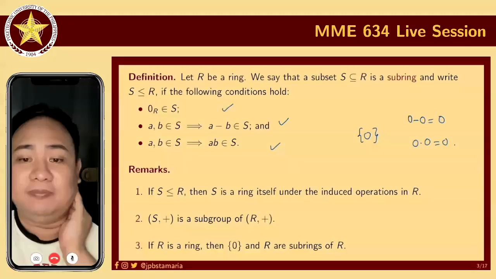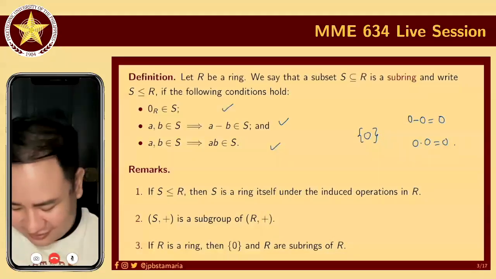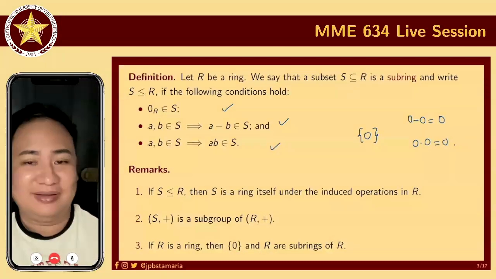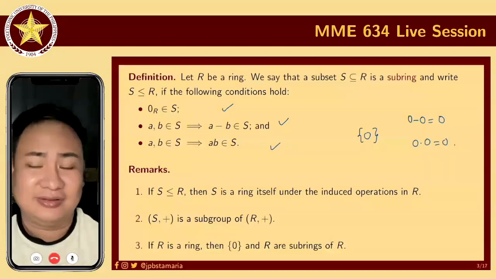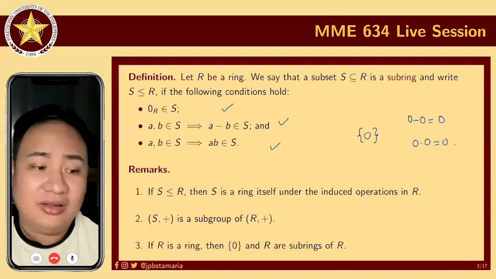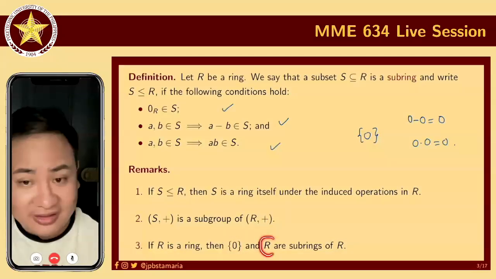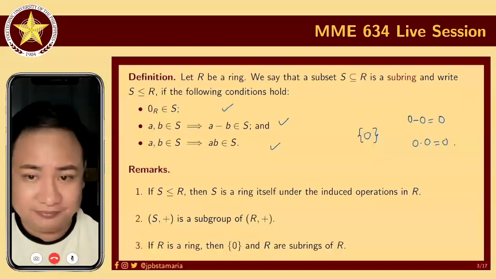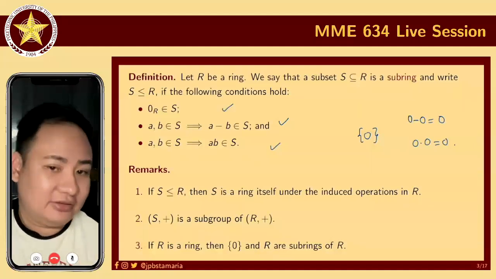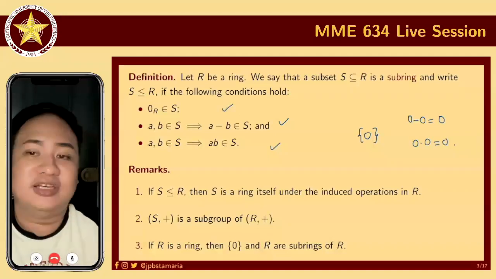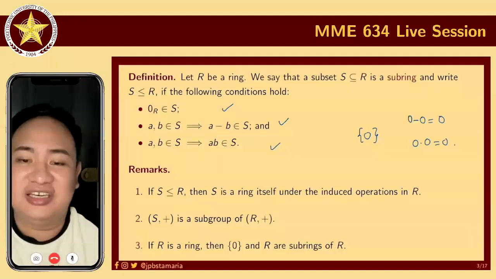Pero alam nyo, of course, in our study, hindi tayo interesado sa dalawang subrings na yan. Kasi sila yung mga trivial na subrings. Ang interested tayo, yung mga subrings larger than this, but smaller than this. Yung mga nasa gitna. Hindi kasing liit ng 0 na subring, hindi siya kasing laki nung ring itself.